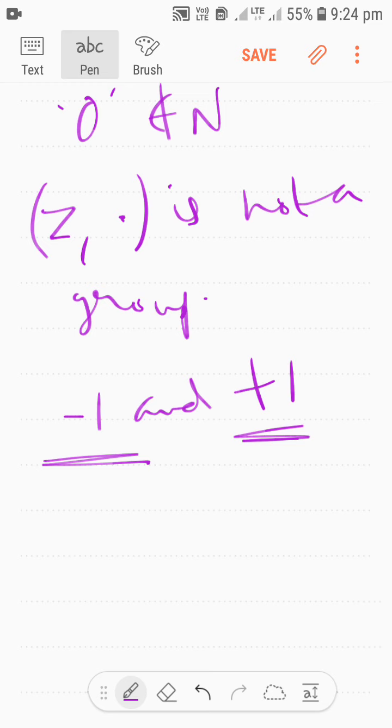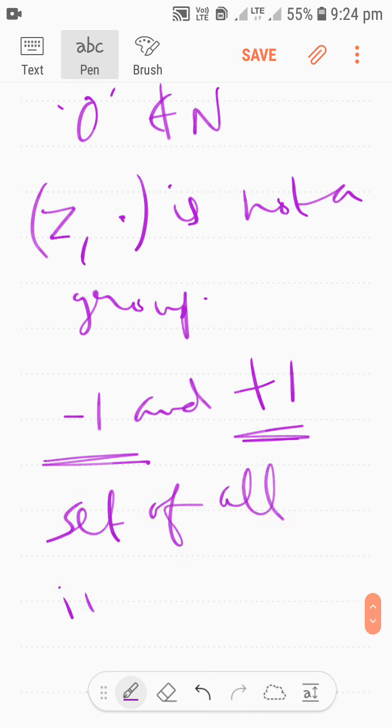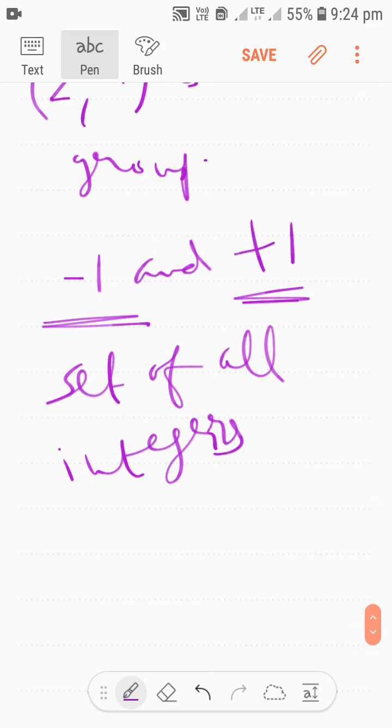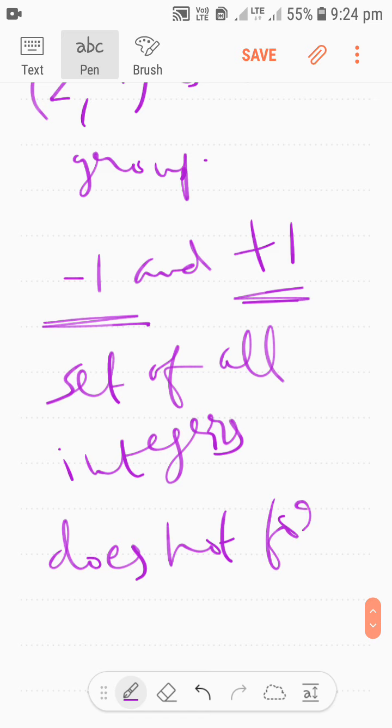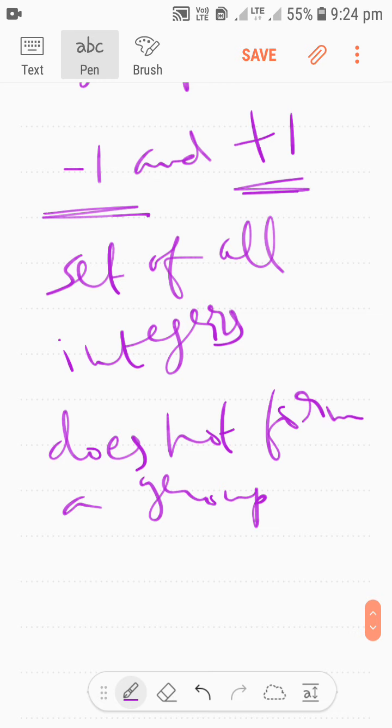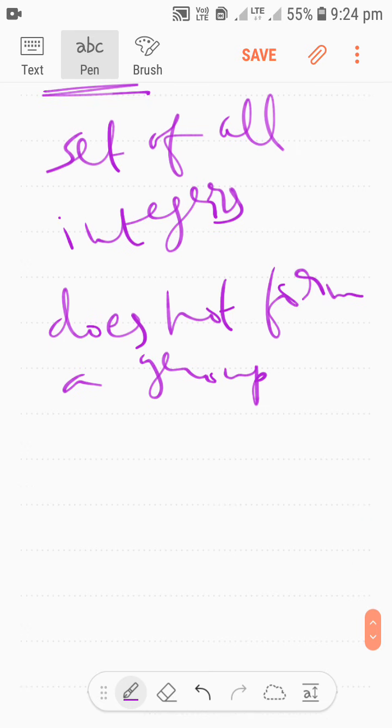Next one is very important. The set of all odd integers does not form a group with respect to addition, because the closure law is not true.